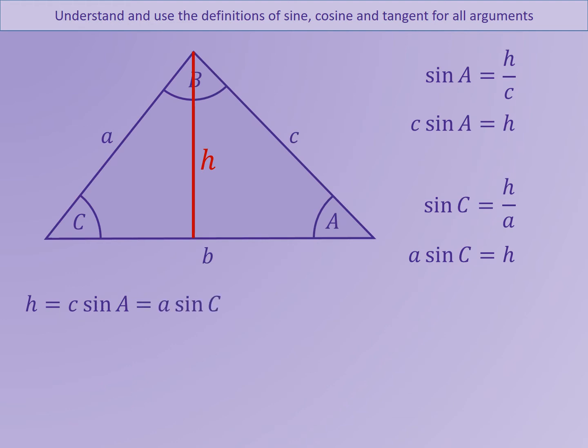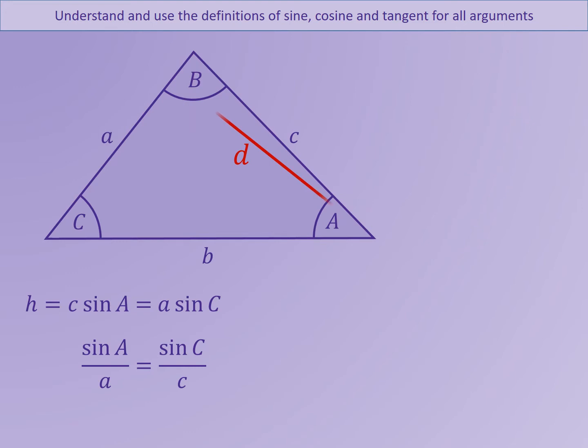That means I now have two separate equations that both equal h. So I've put the two together and rearranged the equation to give me sine A over a equals sine C over c. I've divided both sides by a, and divided both sides by c. And this, of course, is the first pairing within the sine rule formula.